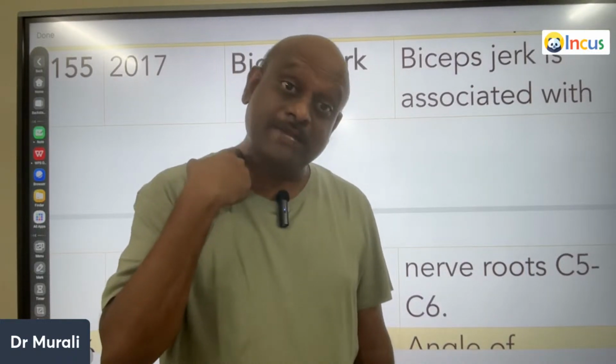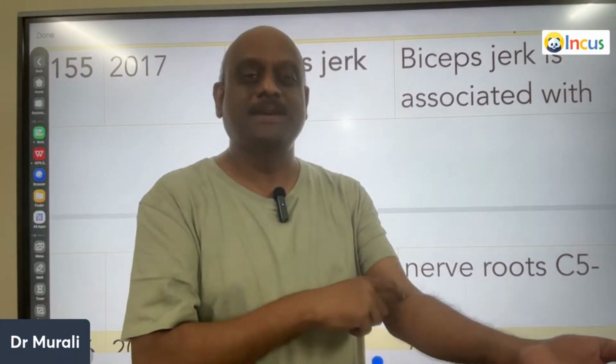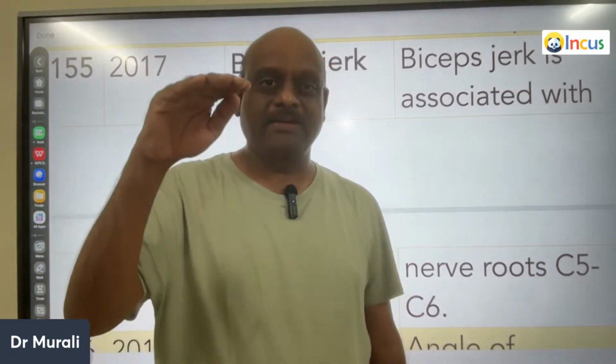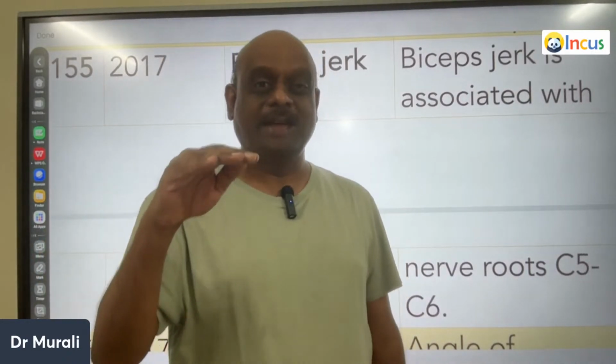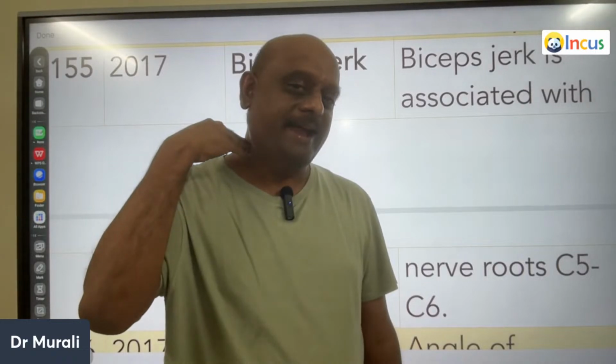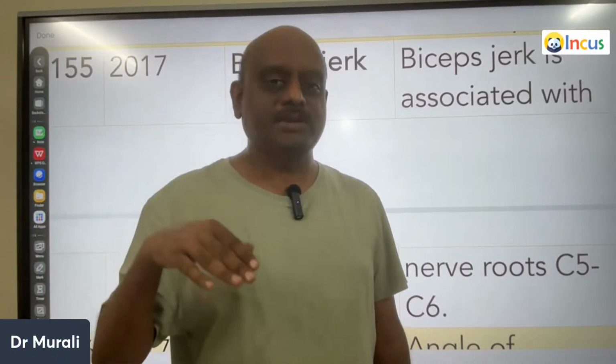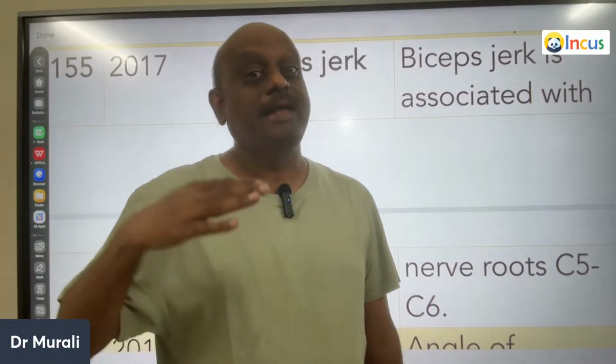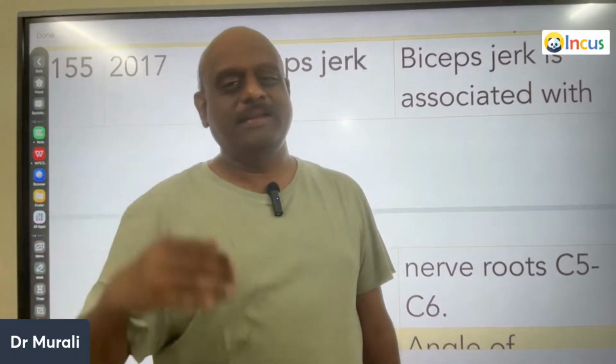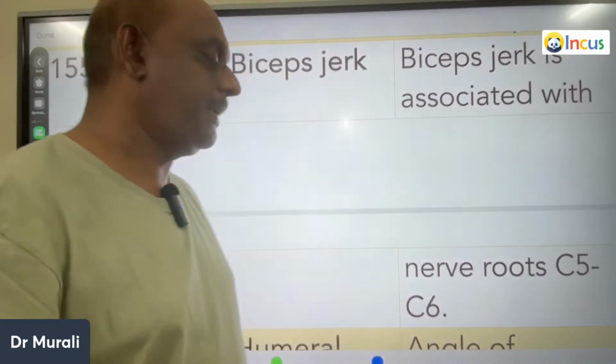And how do you test that? You will do the biceps jerk. It is typically areflexic or decreased reflexes at the level of the lesion. And below the level of the lesion, there is an increased reflex. L3, everything will show increased jerk is what you need to remember.